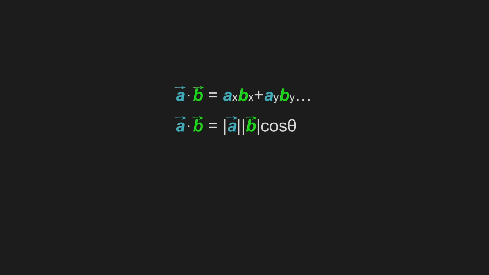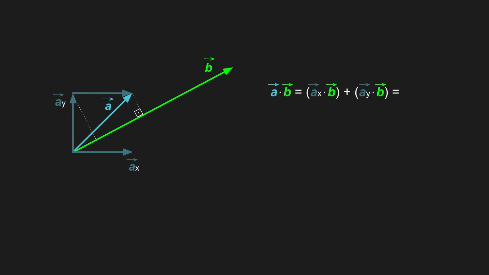However, there is a problem. Where the component formula comes from and why it gives the same result as the geometric formula is probably the least understood part about learning the dot product. When taking the dot product of vector A and vector B, we can apply the distributive property, since the vertical and horizontal components of A add up to A, meaning that the projections also add up to A's projections.